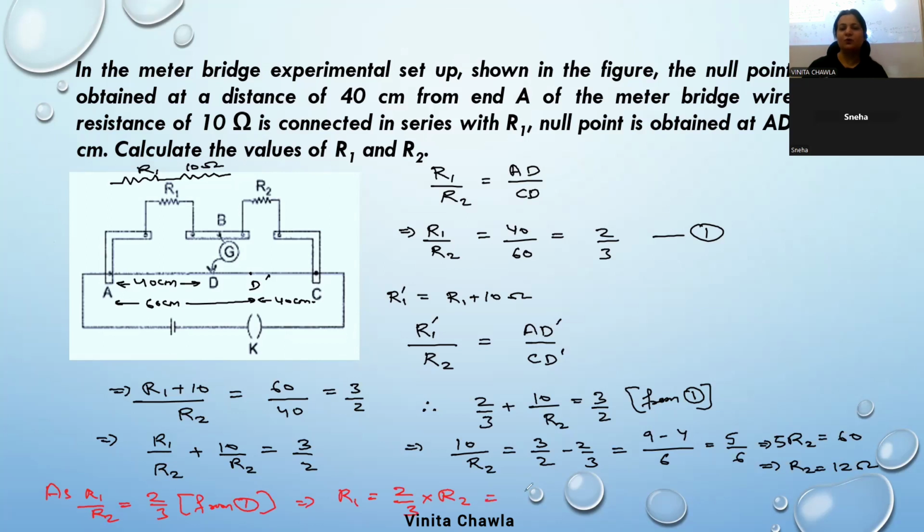Now put the value of R2. 2 by 3 into 12. 3 ones are 3. 3 fours are 12. Answer is 8 ohm. Write your final answer. R1 is 8 ohm. R2 is 12 ohm. And at the end, you can enclose your answer in the box like this.